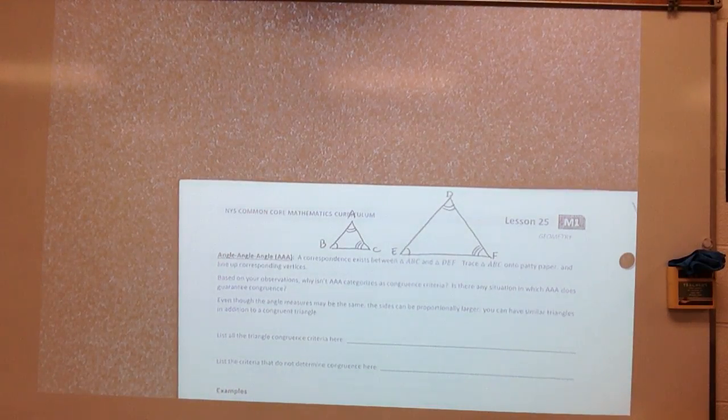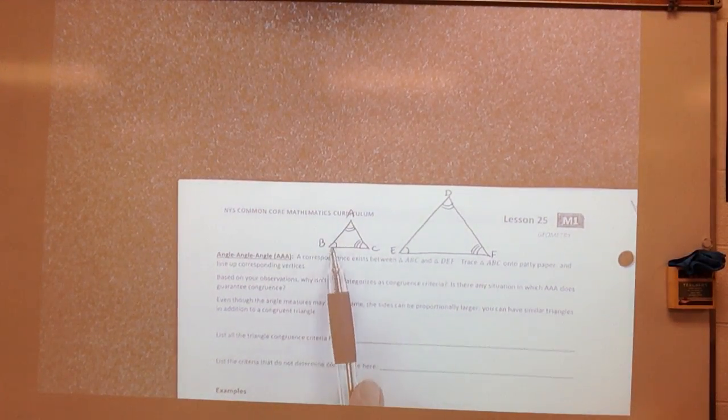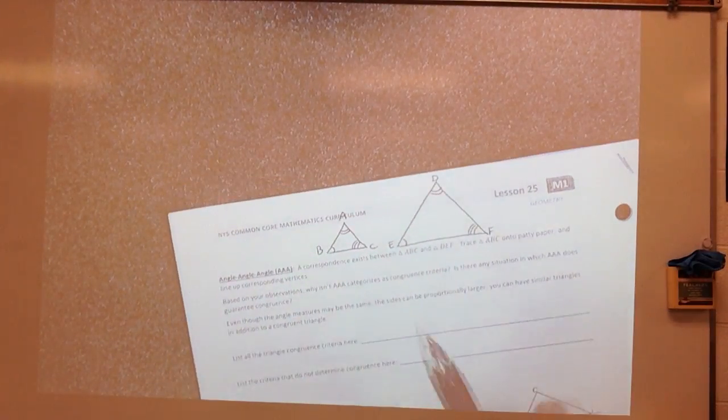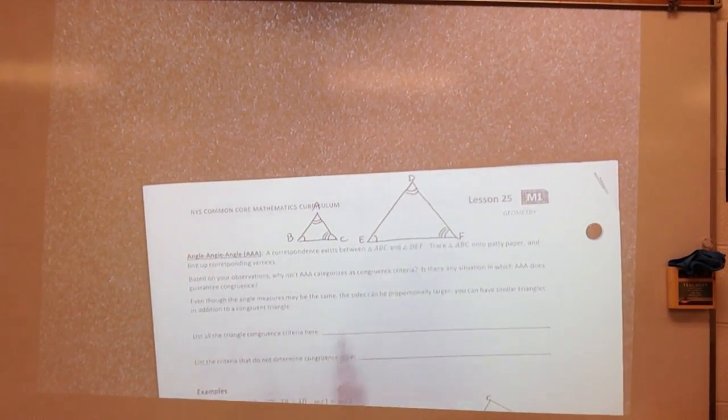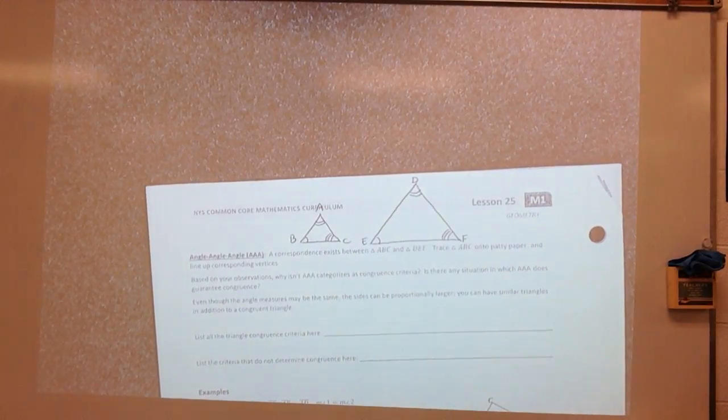I know that angle B is congruent to angle E. I know angle A is congruent to angle D. And I know angle C is congruent to angle F. So I want to know, are the two triangles congruent?